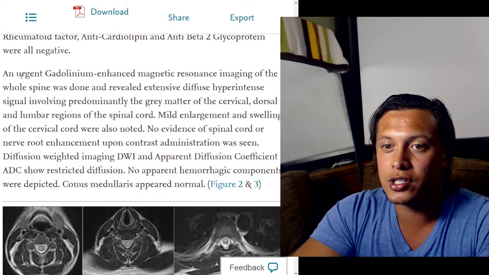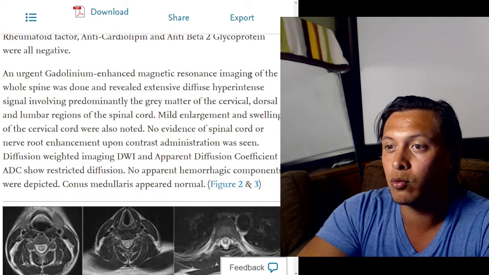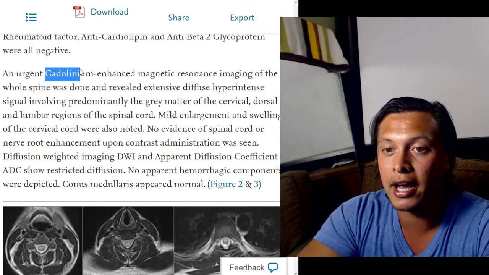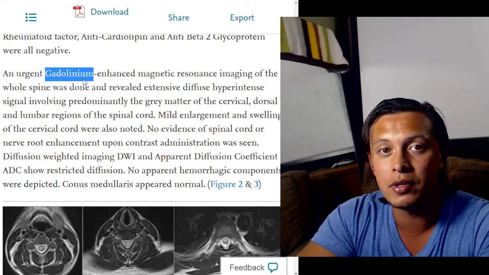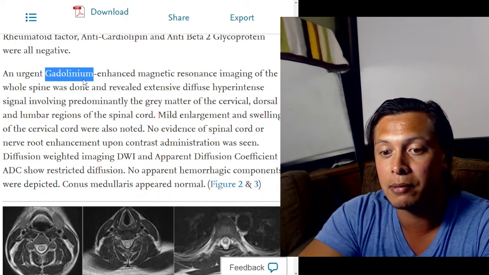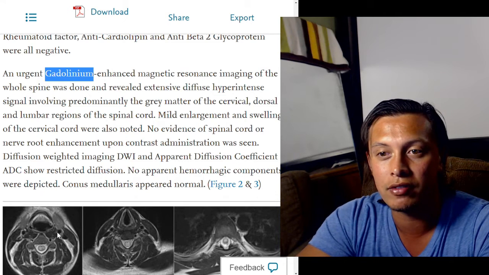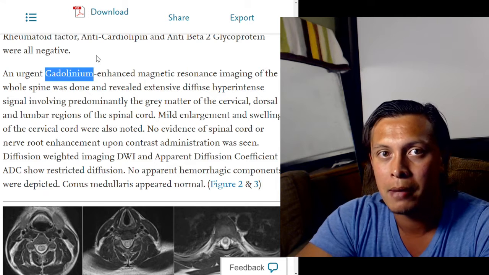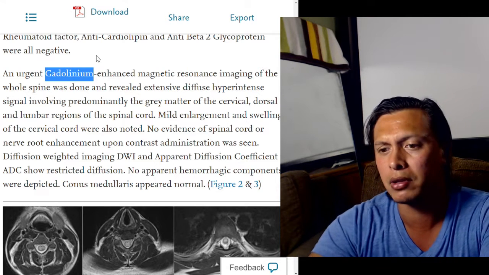Continuing, an urgent gadolinium-enhanced magnetic resonance imaging of the whole spine. Gadolinium is just a metal that is able to help with the contrast of these MRI machines. So gadolinium is magnetically relevant, I believe.